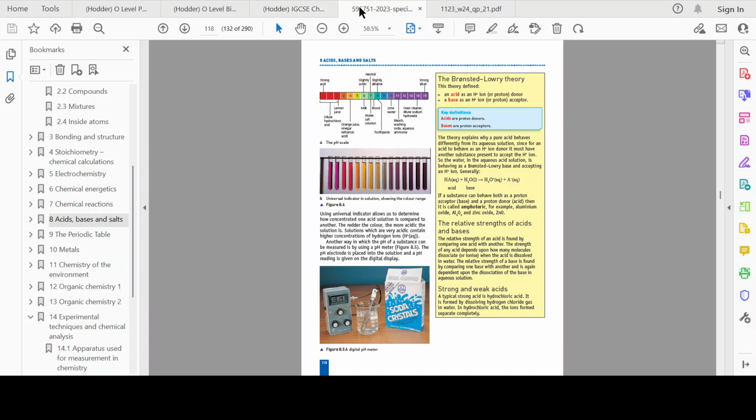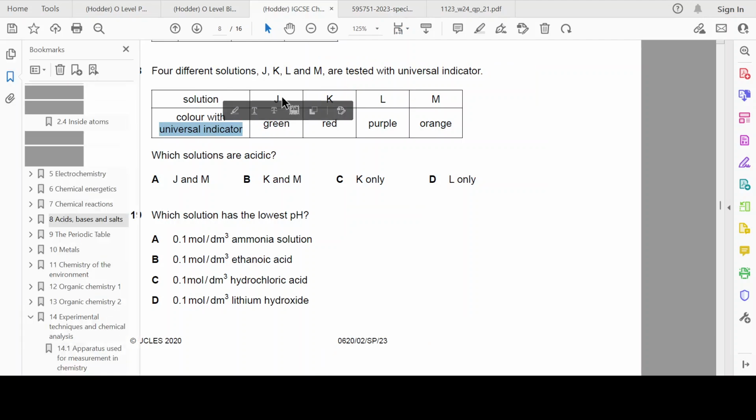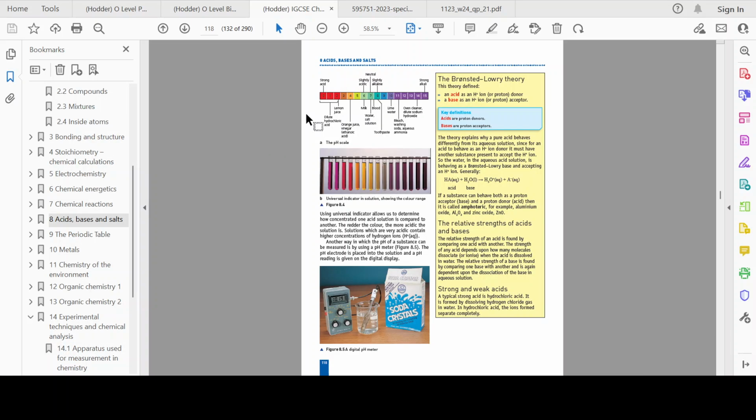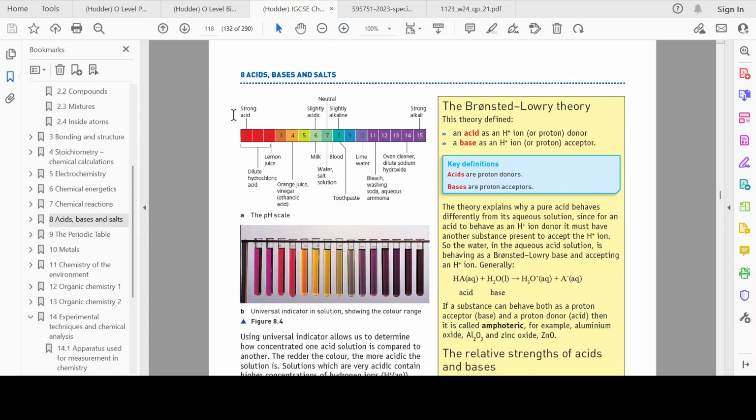Wait, question again. Universal indicator. Sorry, universal indicator. Okay, sorry, my bad. So this is the universal indicator, and the color range, all red, orange, all the way up till here, is acidic.